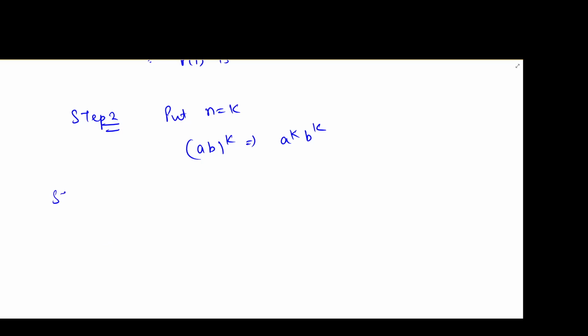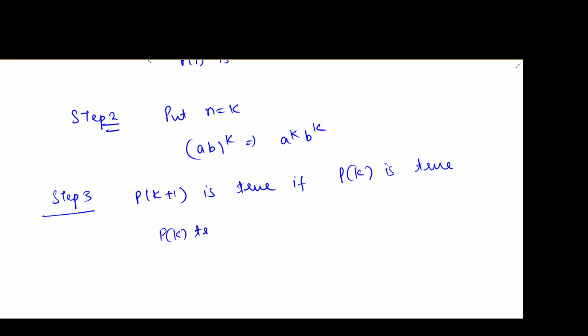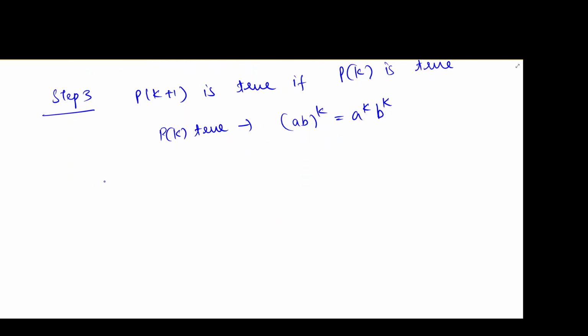Now step 3, we need to prove Pk plus 1 is true if Pk is true. We know Pk is true, so (ab) to the power k is equal to a to the power k times b to the power k.